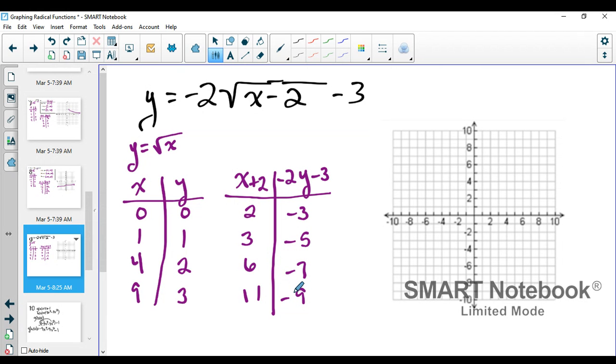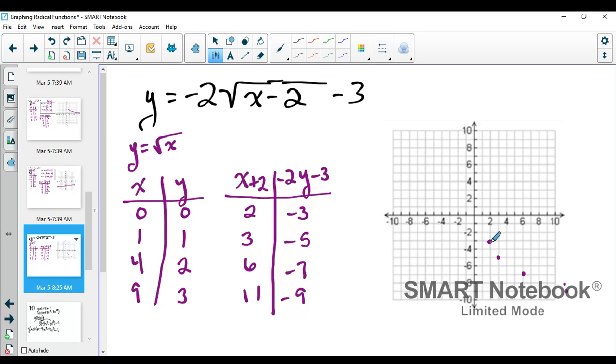So these are our new points. So go ahead and graph those. So (2, -3), (3, -5), (6, -7), and (11, -9), which is going to be like here.